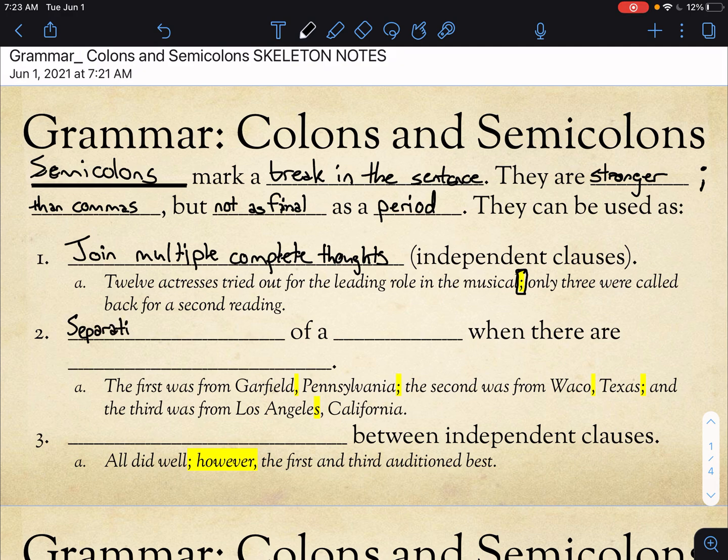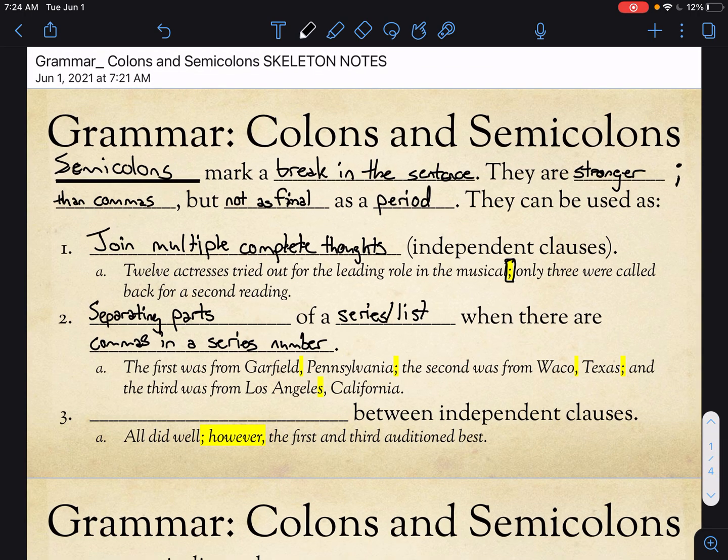Another time is if we are writing out a list, separating parts of a series or a list where there are commas in a series number. What I mean by that is, if in letter A I had the first was from Garfield, comma, Pennsylvania, semicolon.